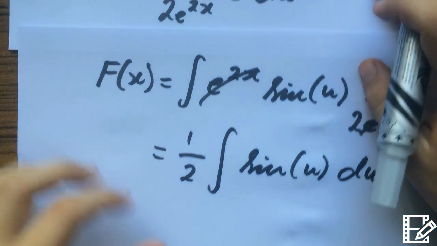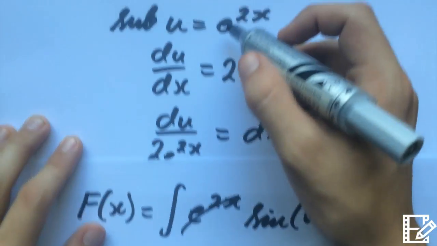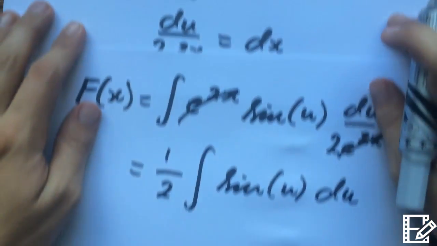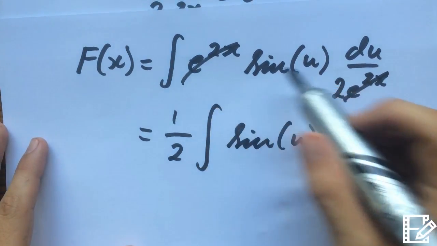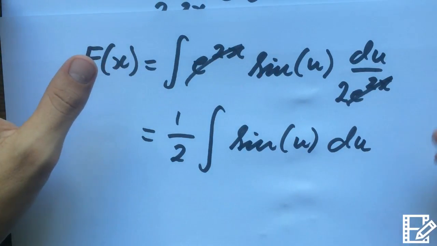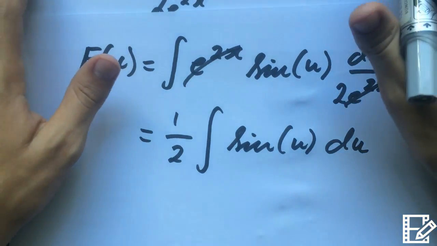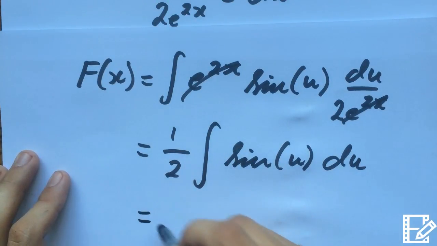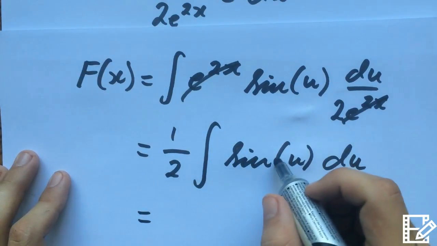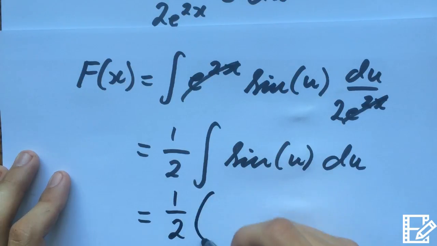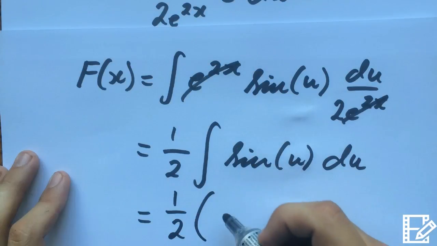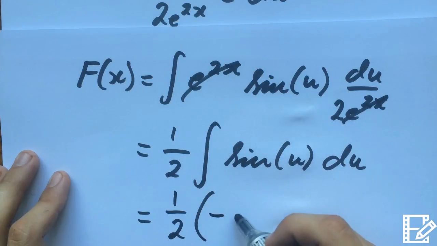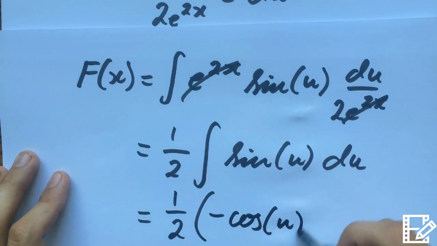Some people might say, we made u equal to e to the power of 2x, therefore we should have made this sine part u, but because I'm eliminating it, I didn't make it a u. Therefore, we keep the half, and the integral of sine u with respect to u is going to be negative cos u plus c.